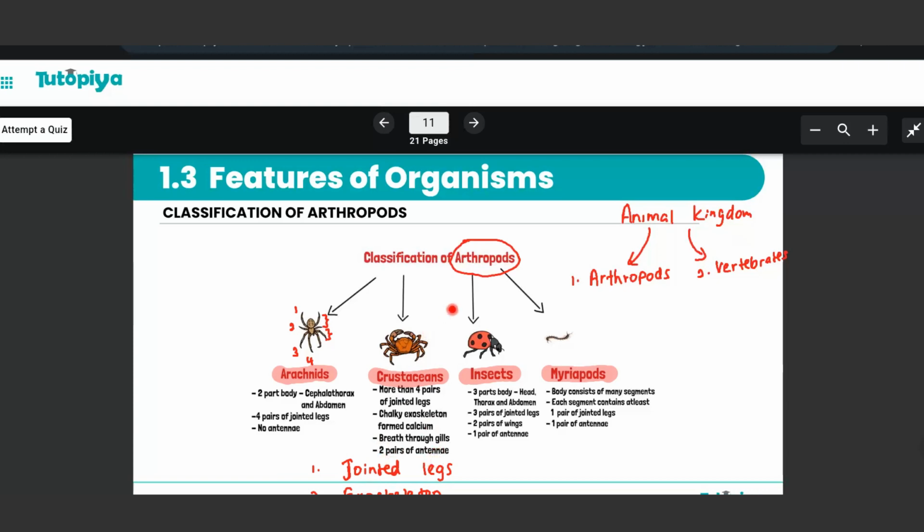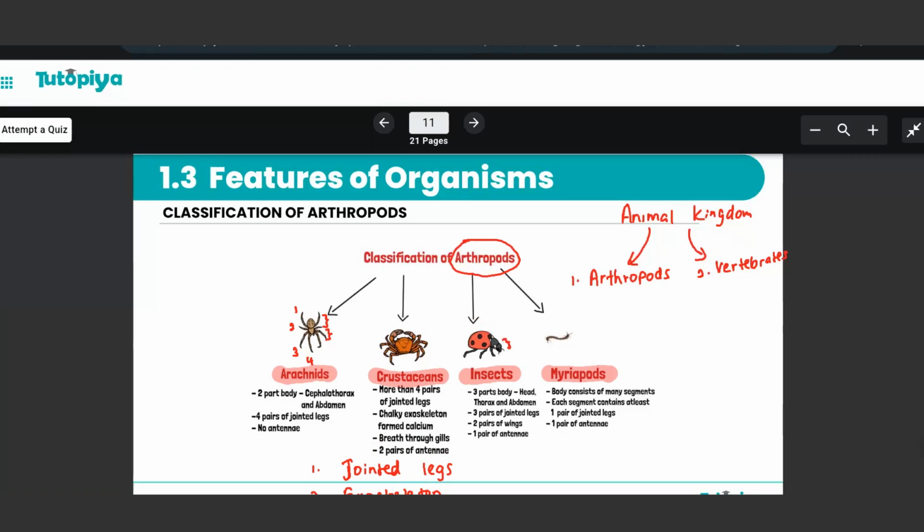Then moving on to the third group of arthropods, which are the insects. Now, this is a group that we are very well familiar with. We see ants and mosquitoes and so many types of insects on a daily basis. So when we talk about the insects, the body of an insect basically has three parts.